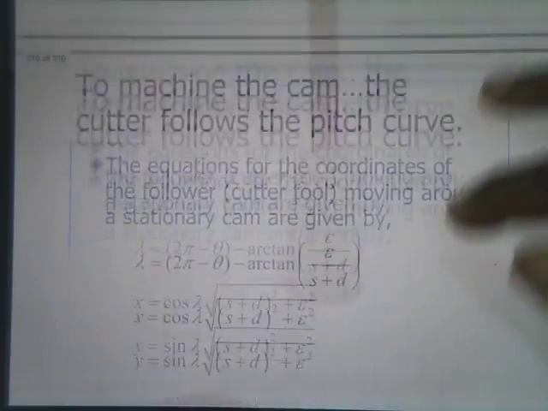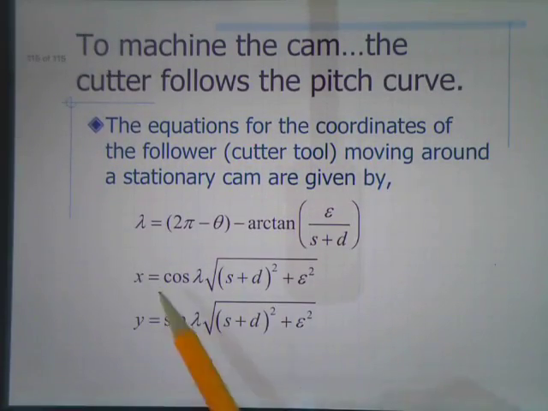Once we've done that, we're ready to generate these x and y values and send them off to our CNC machine to cut out our cam surface.